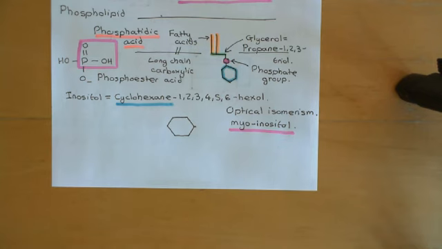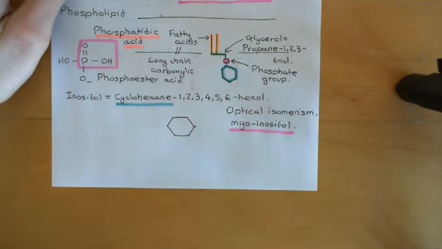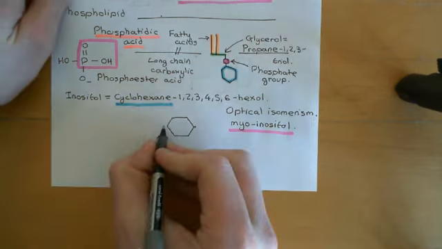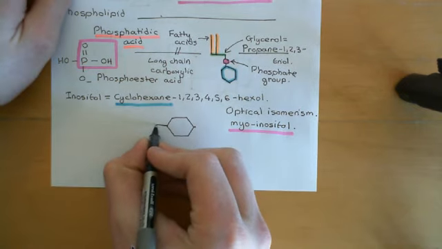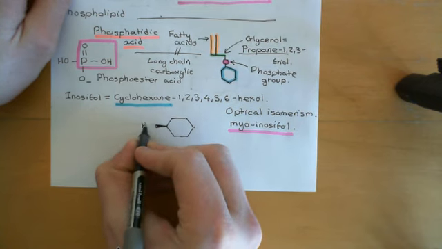Right, so let me show you the structure of myo-inositol by showing you the orientations of the alcohol groups coming off each of these carbon atoms of the cyclohexane ring. We'll start off with this one here. The alcohol group is going to be coming out of the page towards us off this one here.